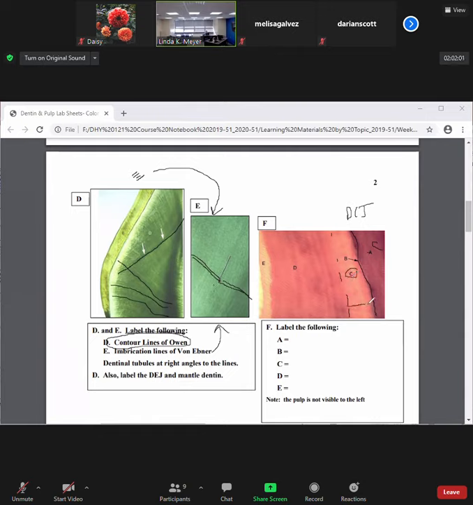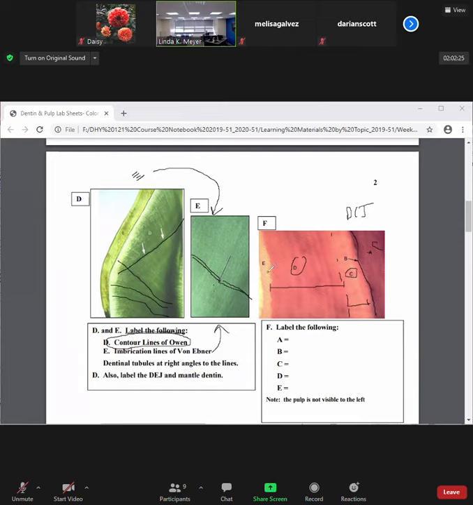It's the first increments of dentin formed next to the DEJ in the crown, or next to the DCJ in the root. Then where letter D is, the rest of that dentin is circumpulpal dentin. And again, you can see the tubules in the decalcified section.